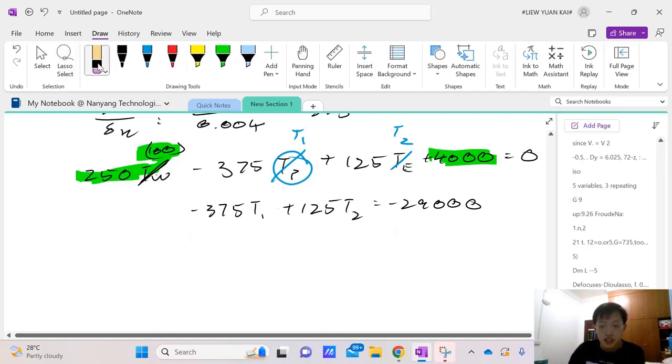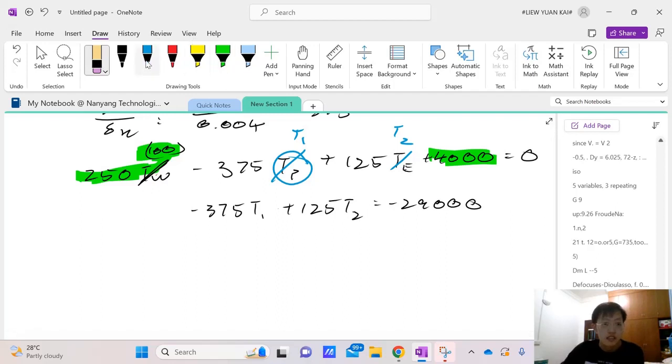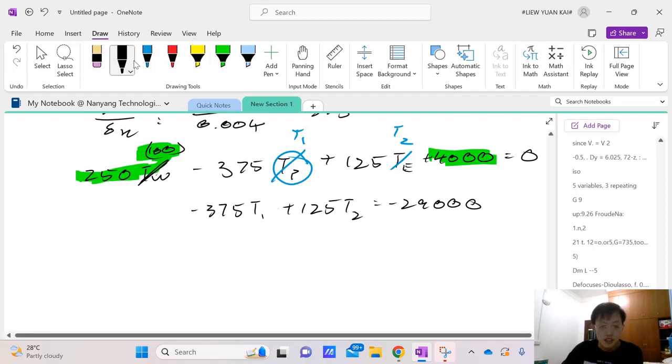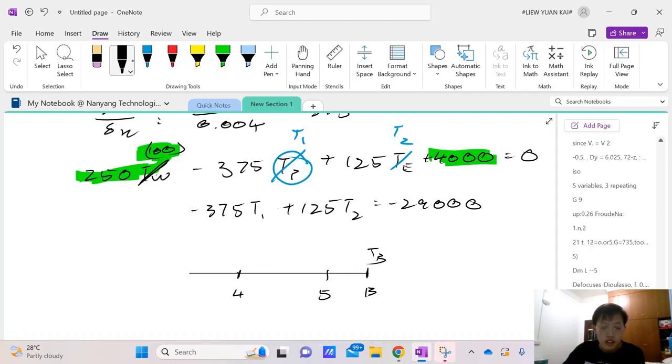Okay, now we have to find the last equation at the other boundary. So let's draw the diagram. So this is B, which has a temperature of TB. Then half a distance away we have 5, and a full distance away we have 4. Okay.